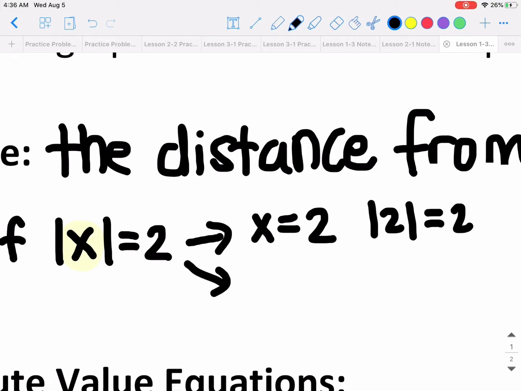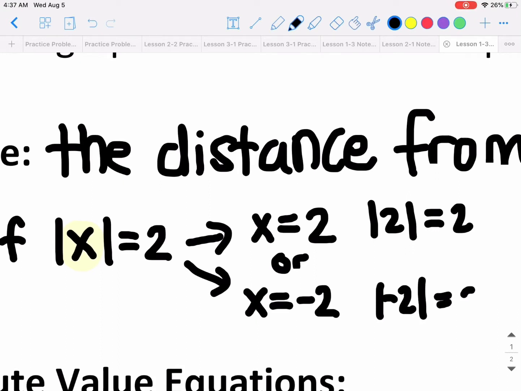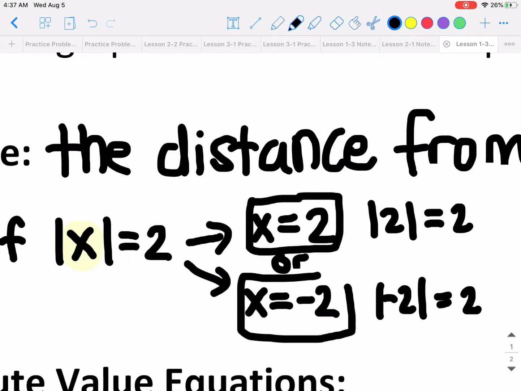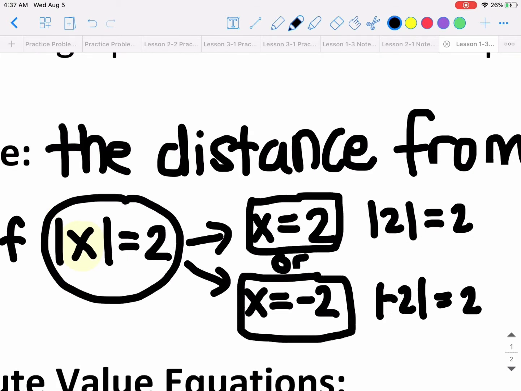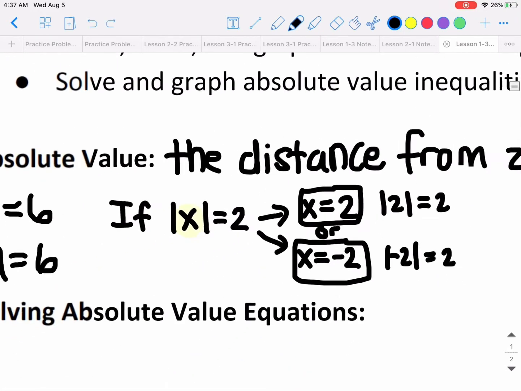Something else I could plug in is x equals -2, because the absolute value of -2 is equal to 2 as well, and that statement will be true. So when I have an absolute value equation like this, most of the time I'm going to have two answers. So I'm going to be able to write two equations from that absolute value equation.